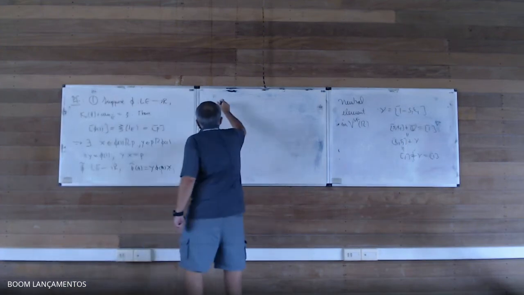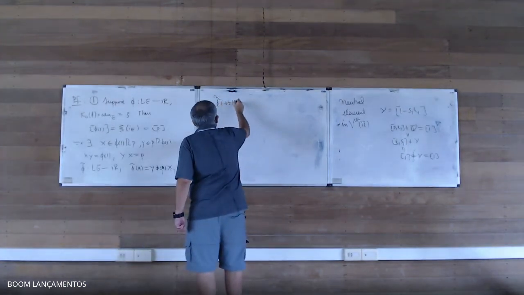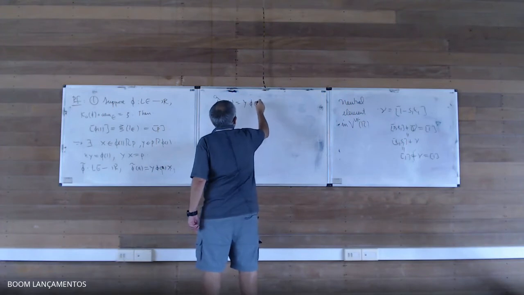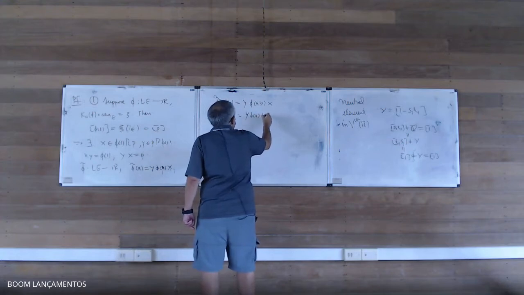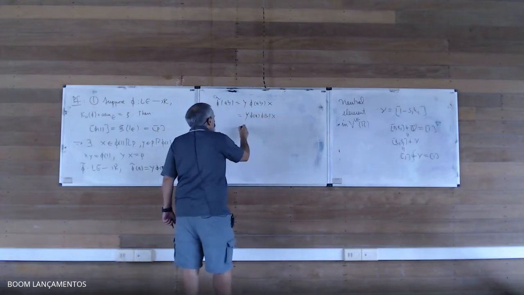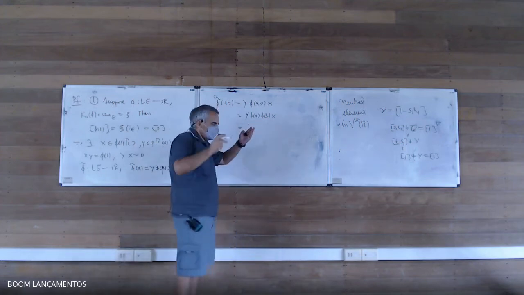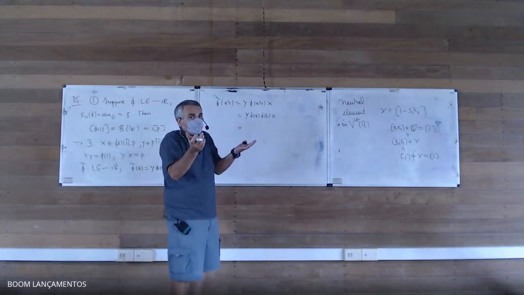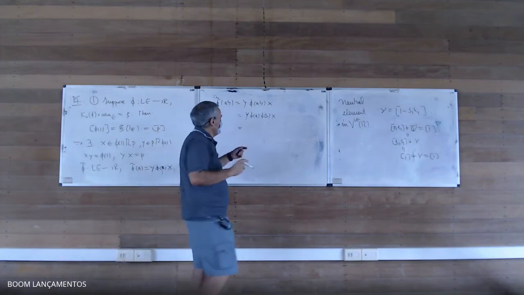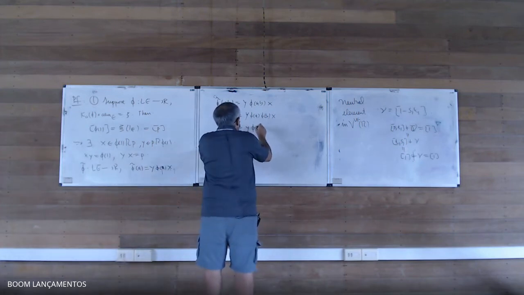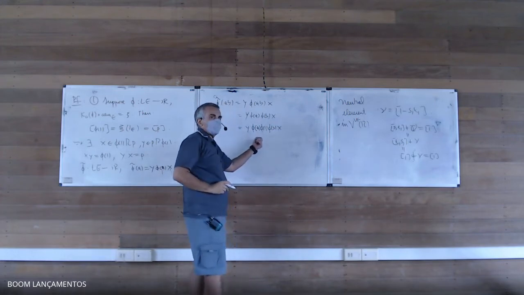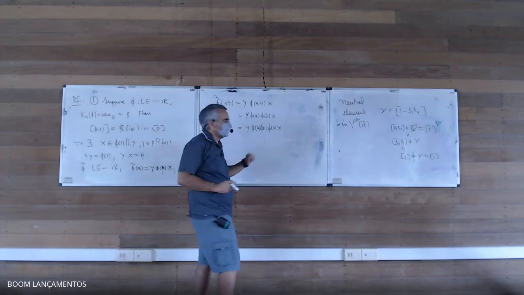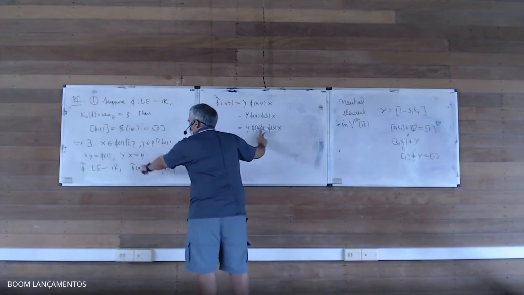So how is this? Well, again, phi of A B is this, which is this. And now 1 is the identity of the source ring, right? So this is the same as phi of A, phi of 1, phi of B, because when I multiply, A1B is AB. And phi of 1 is x phi.